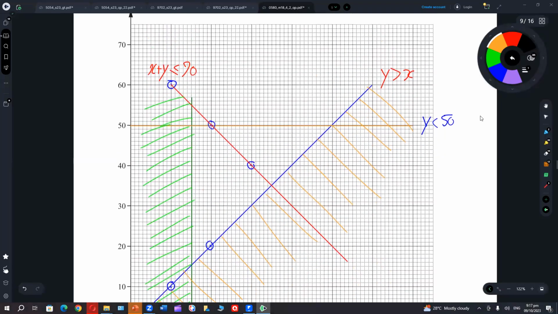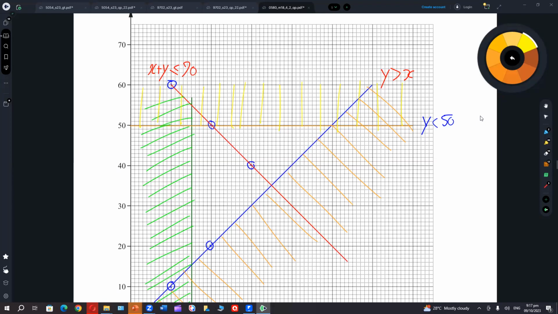Third, now take another one. Let's take Y is less than 50. So wanted is below this line or above this line? Wanted is below and unwanted is above. I will shade above. Who is left now? The red line, less than or equal to.